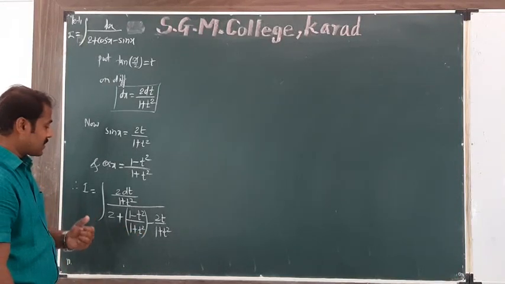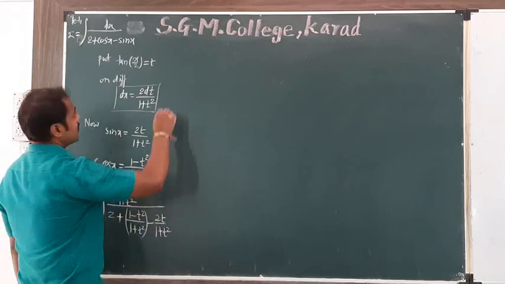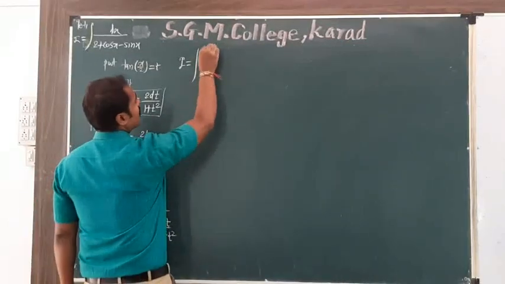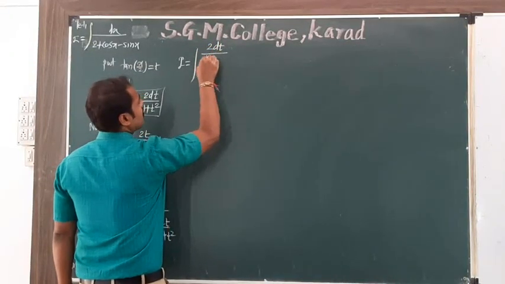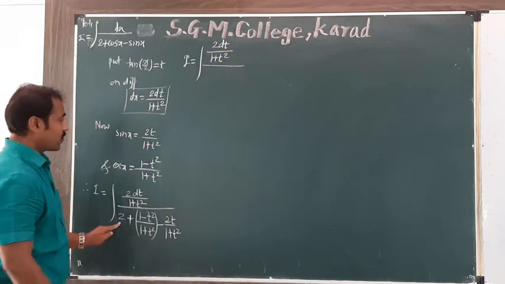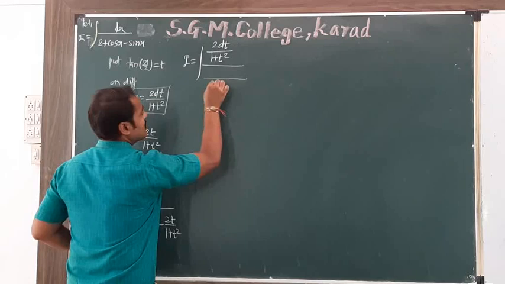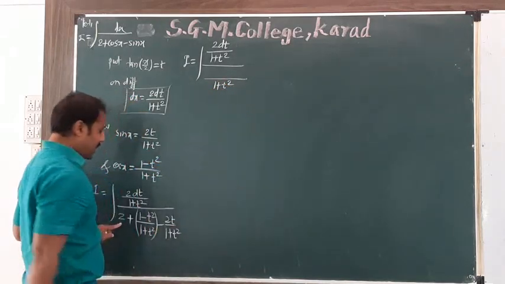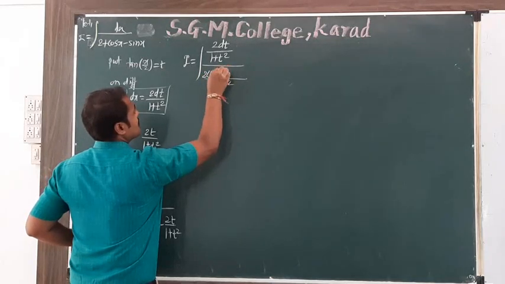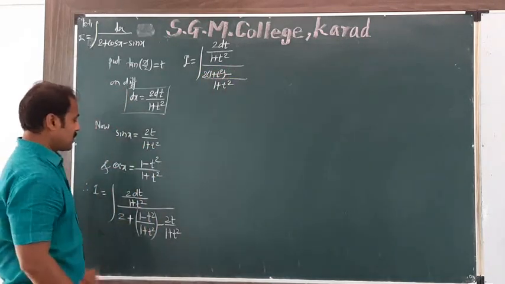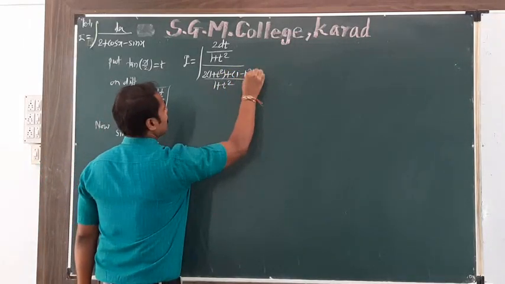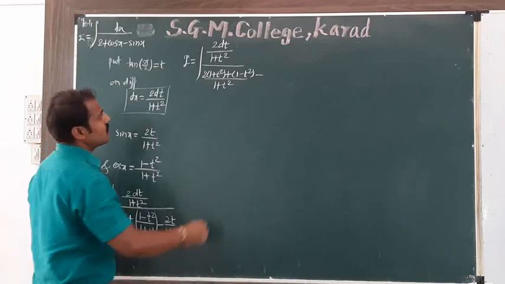So taking the LCM of the denominator, we get I is equal to integration of 2 dt divided by 1 plus t square as it is, divided by, we make the denominator 1 plus t square, so multiply that 2 by 1 plus t square. So 2 into 1 plus t square plus the value of cos x, 1 minus t square, and minus 2t.